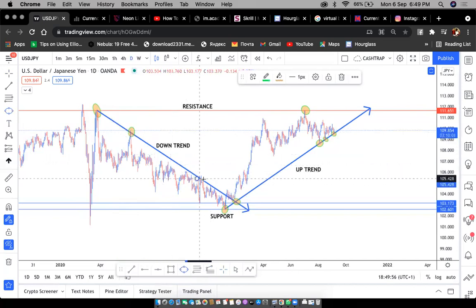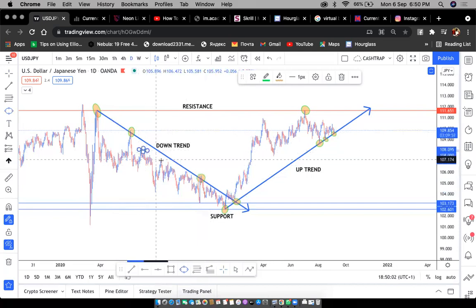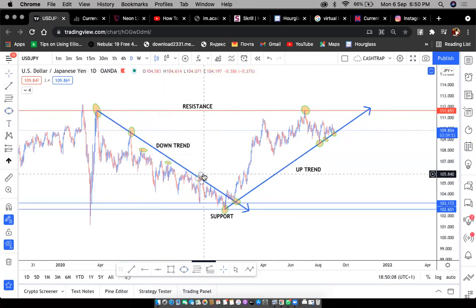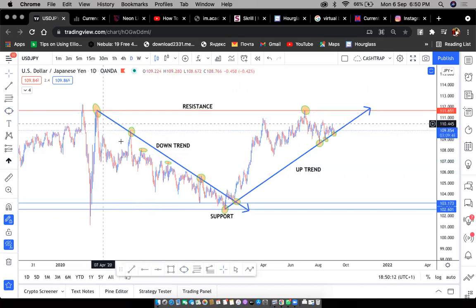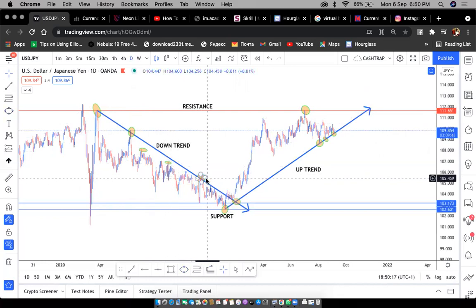When price keeps giving you all these lower highs, you know that it's going downwards. As you can see, this one is higher than this point. This point is higher than this. This point is higher than this. So it's a downtrend.